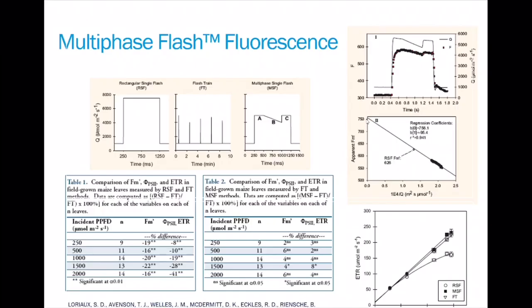If you extrapolate that back to the y-axis, you can calculate how much Fm' would be if you had an infinite flash intensity. We have more details in the manual, and there is a paper that discusses the technique as well.